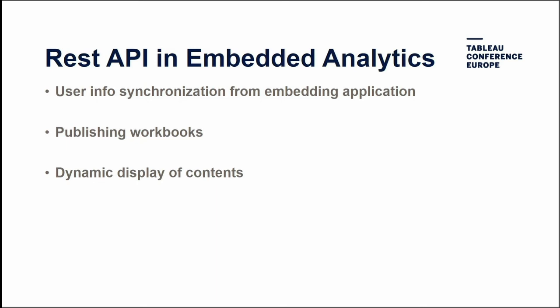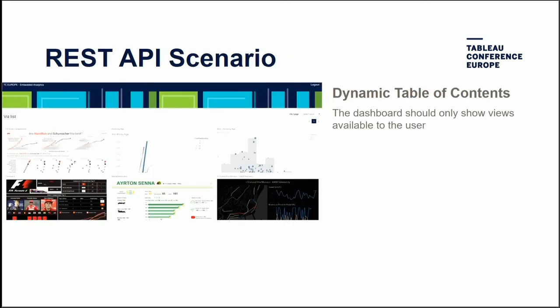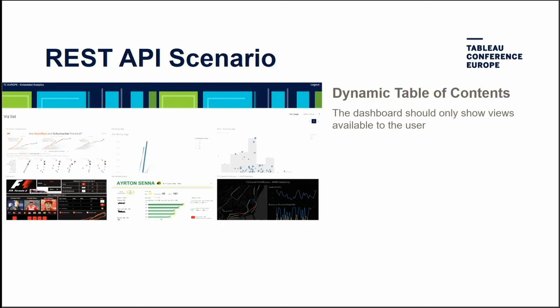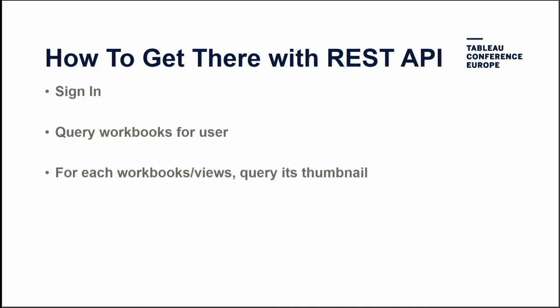You can publish workbooks, and you can dynamically display content, like the views on the server. And then what we want to do now is to take what Alex showed us to the next level: build a more scalable solution with a whole portal around it that is managing who's logging in and the dynamic content. So how do we do this?